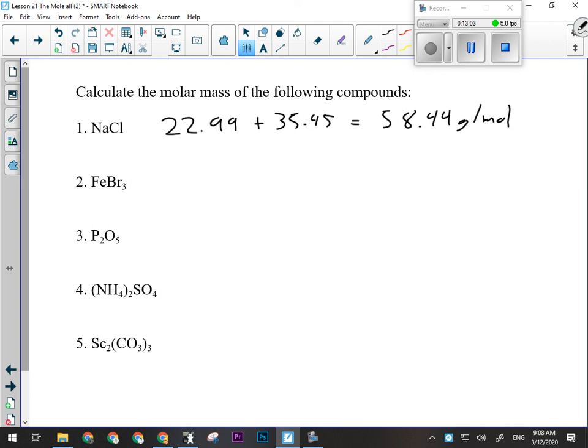That one's pretty easy. Number 2, we've got iron and 3 bromines. 1 iron and 3 bromines, so we've got 55.85, that's our 1 iron, plus the bromines, 79.9 times 3.